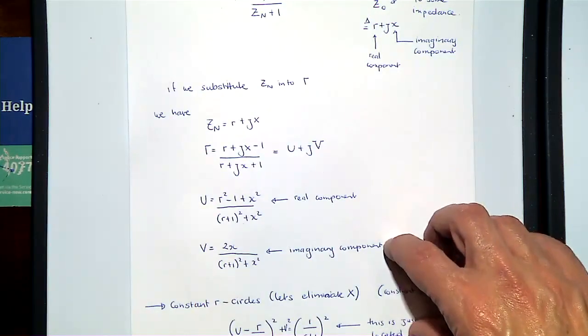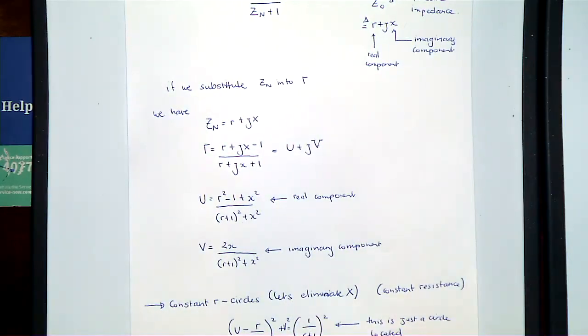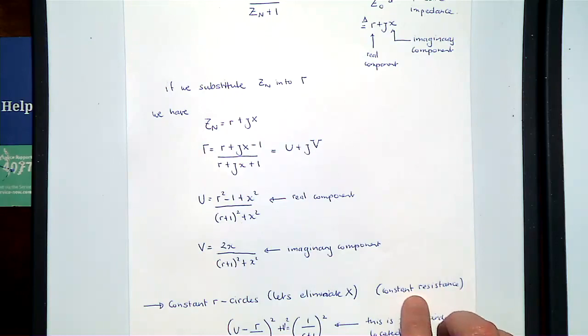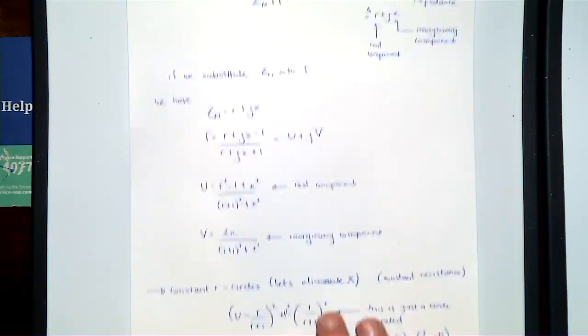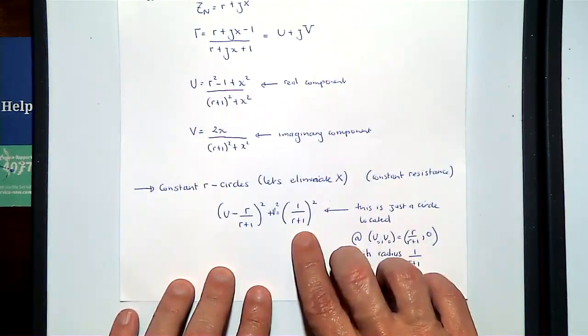Where x is the imaginary component. Now, if you rearrange this in order to eliminate x, you can rewrite U as essentially the equation for a circle: U minus R on R plus 1, all squared, plus V squared, is equal to 1 on R plus 1, all squared.